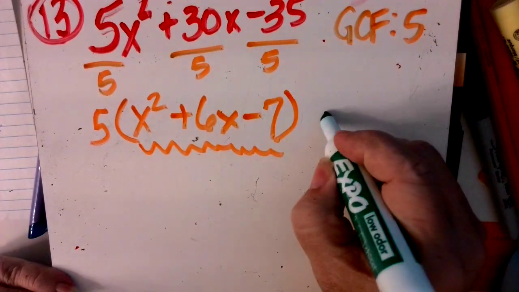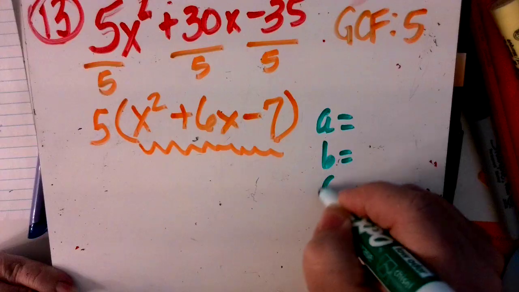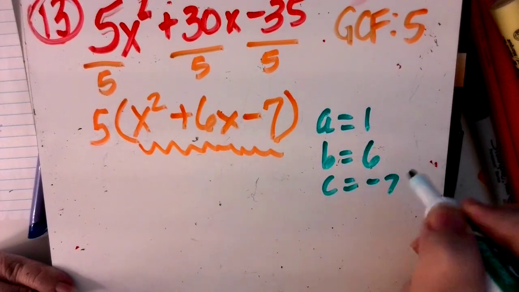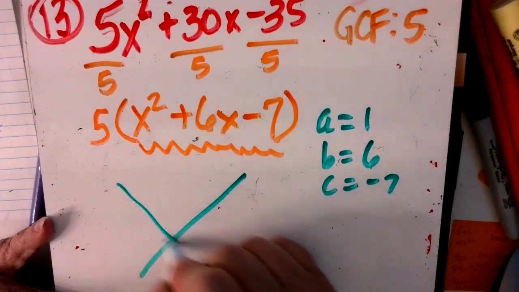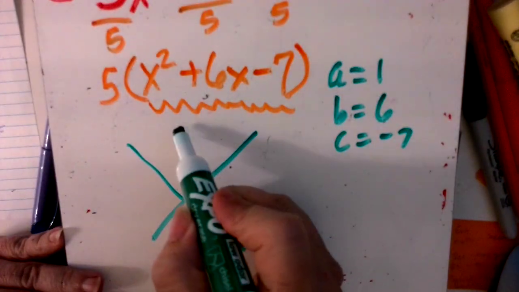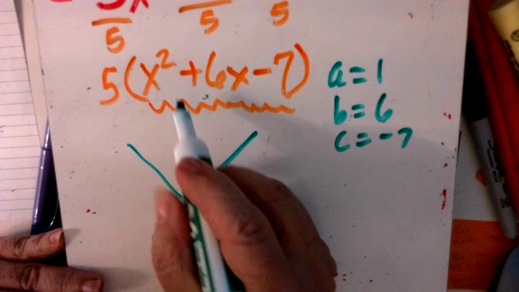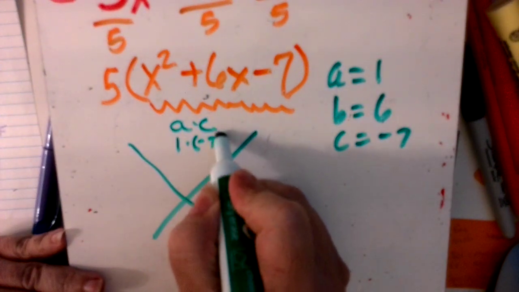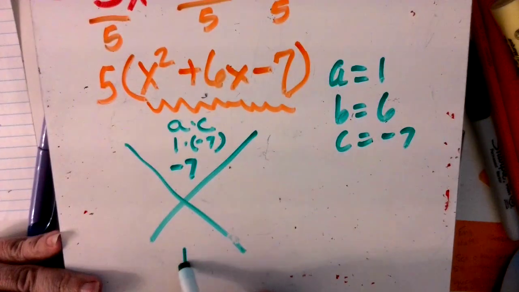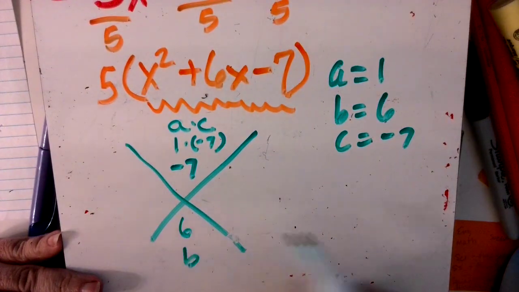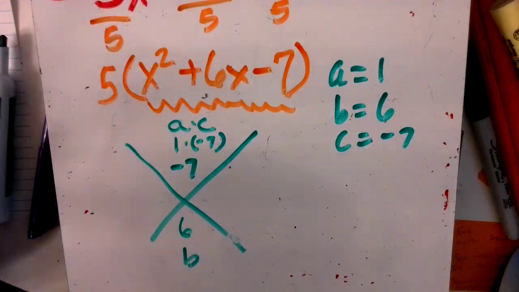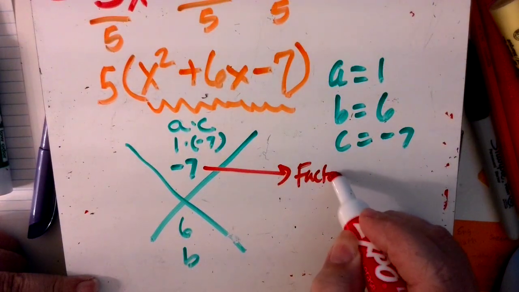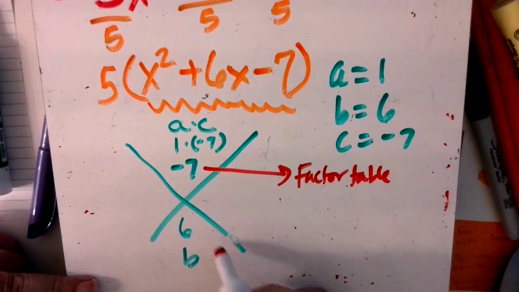So now we can do our ABC for this. A is 1, B is 6, C is negative 7. A times C is 1 times negative 7, which is negative 7. And down here is the B, which is 6. Here we make the factor table of negative 7.